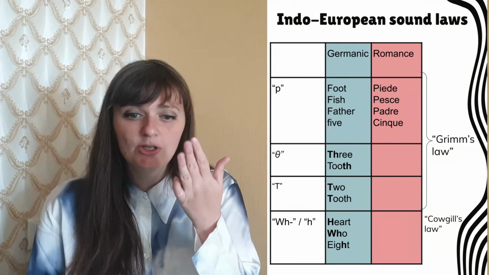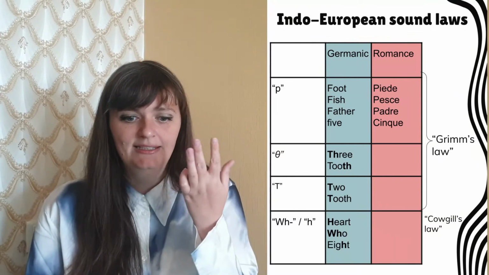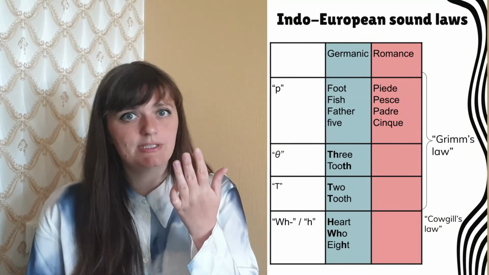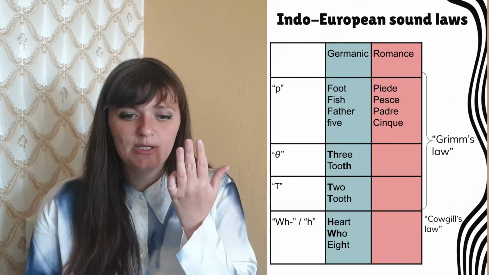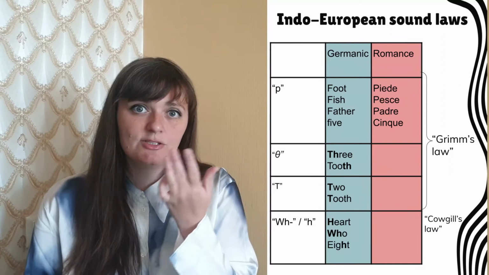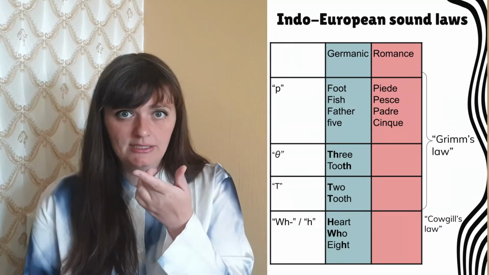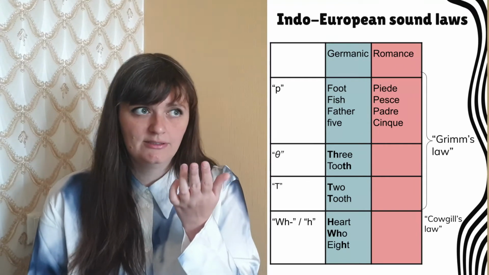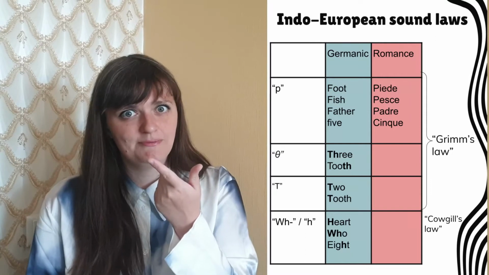And then in Romance languages, so the languages that come from Latin, we have piede, pesce, padre, cinque. So in Romance languages it seems to be with a p, and in Germanic languages it seems to be with an f. Foot, piede, father, padre, fish, pesce.